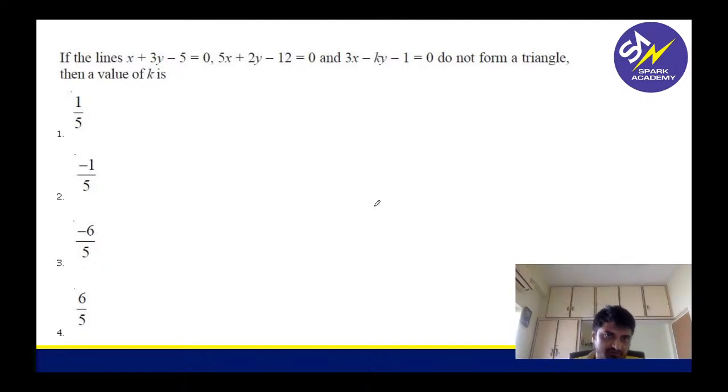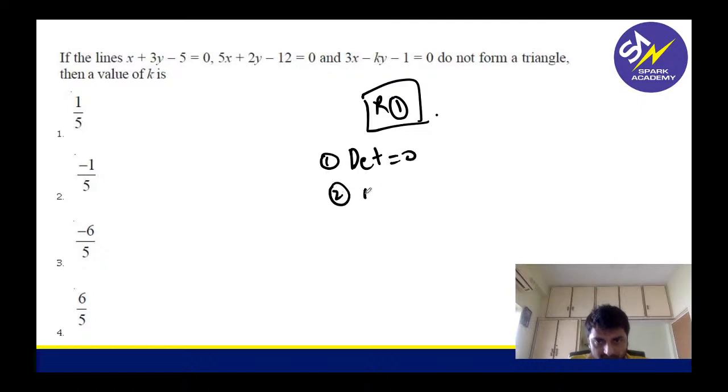Very easy question. Round 1 question. Do not form a triangle means what? Two concepts you know. Determinant is 0, or any two lines are parallel, right? Any two lines parallel or determinant 0, you can do. So this I am not doing, guys. You can solve. Very easy question. So I am not getting into it.